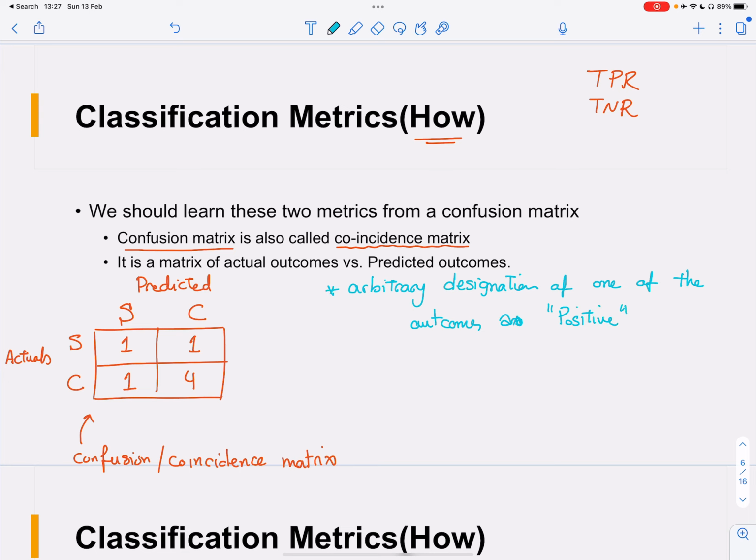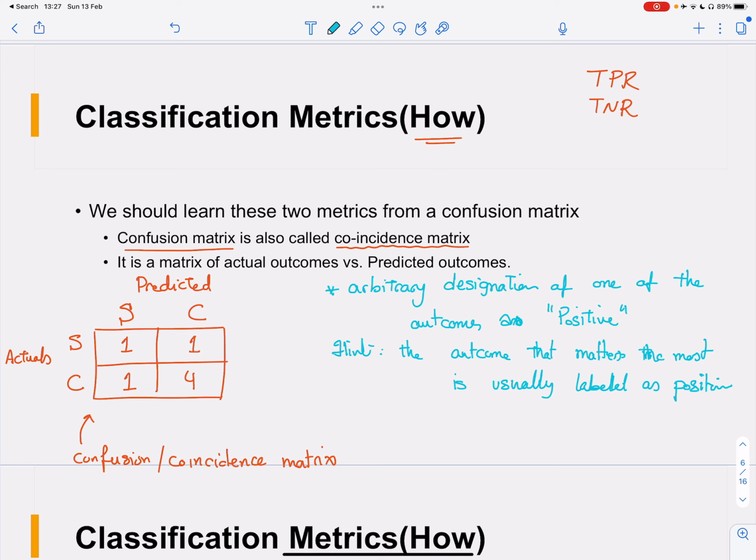Okay, so this is arbitrary. There is one hint here. The outcome that matters the most is usually labeled as positive. What do I mean?